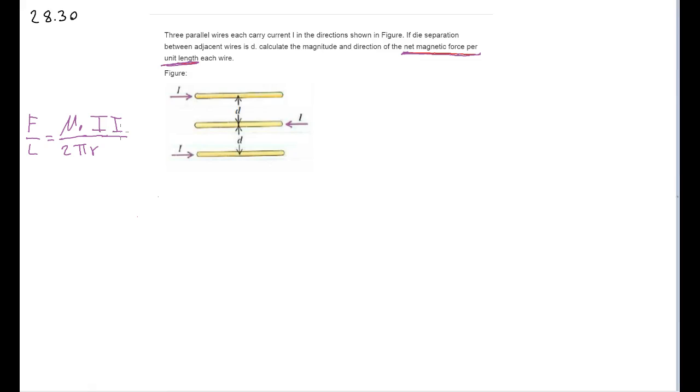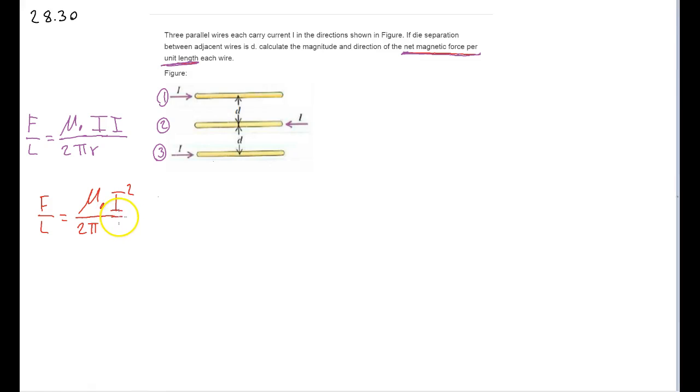It looks like this is wire 1, this is wire 2, and this is wire 3. So in order to find the force per unit length for wire 1, we get mu sub naught over 2 pi, and the current is the same on wire 1 and wire 2.